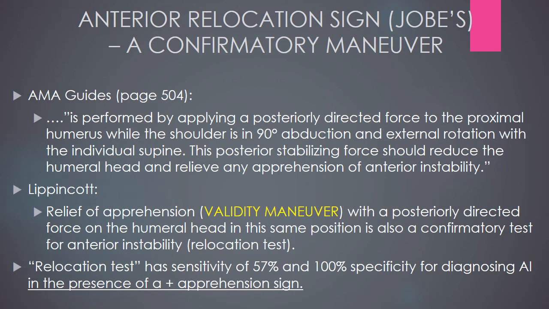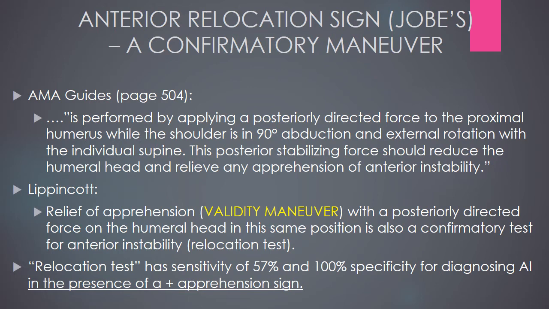So let's imagine this. You have your patient supine and you perform the apprehension maneuver. And indeed, the patient demonstrates the apprehension sign. There's a reflexive withdrawal, there's a look of apprehension, there's anxiety.